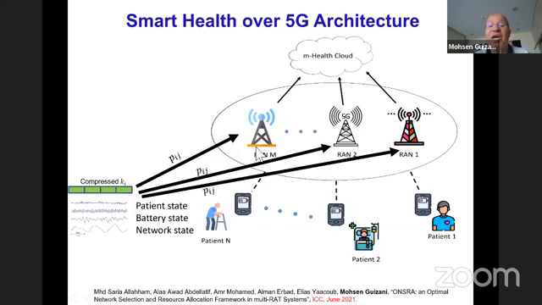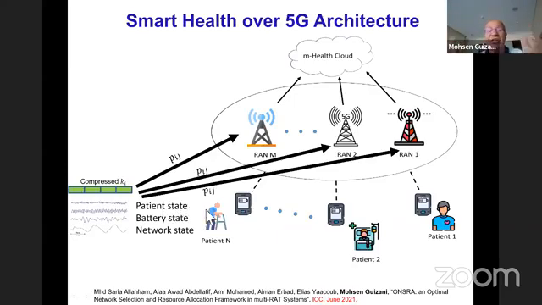This is the RAN network, whether it is Wi-Fi, 5G, 4G, 4.5G, 6G, and so on. And then you're collecting data. Data here is collected based on the patient state.